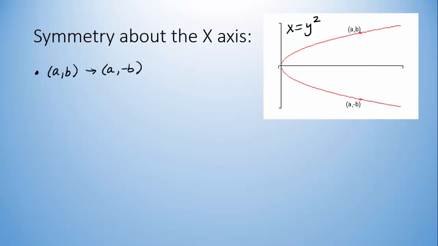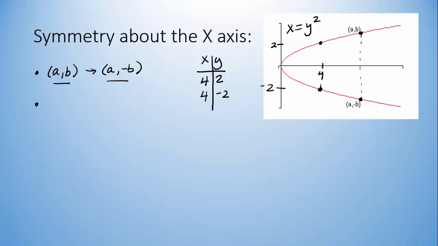So just like before, if you choose any point on the graph here, straight across the x-axis, there should be another point that lines up with it but has the opposite y-coordinate. So let's take an example. We know that the point (4, 2) is on this, right? So if (4, 2) is on the graph, then according to this rule, (4, negative 2) should also be on the graph. So lined up with 4, here is another point, and it's down at negative 2.